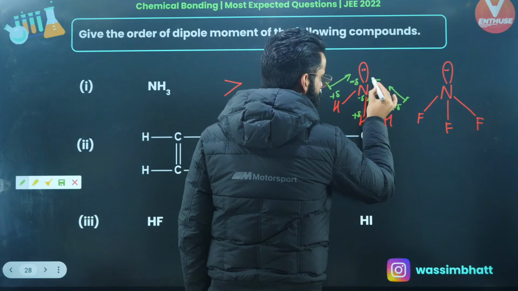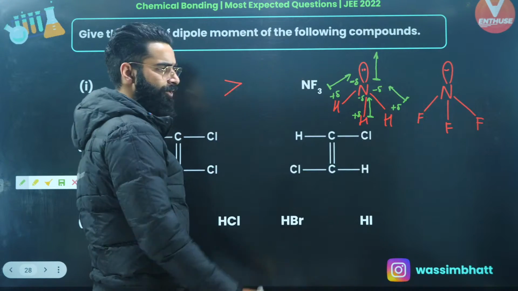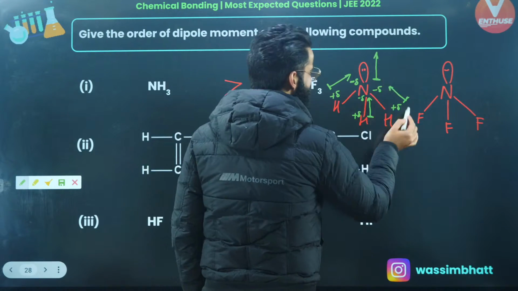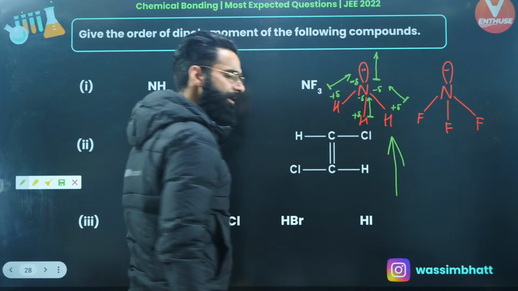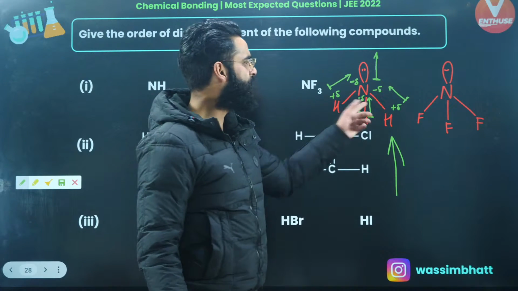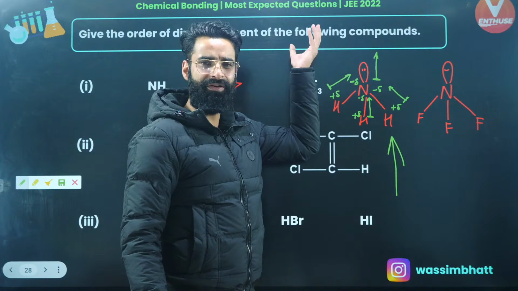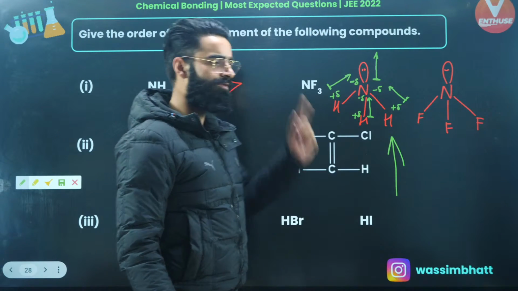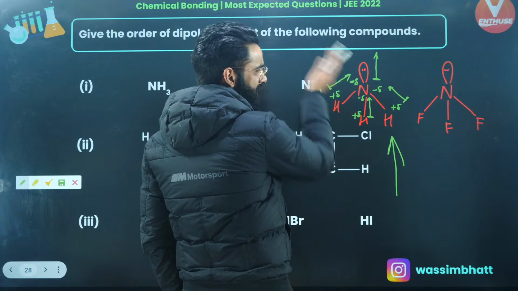And the lone pair also contributes towards the dipole moment. Due to the lone pair, the direction of dipole moment will be towards the lone pair. So all these dipole moments are pointing in a single direction. So the net dipole moment will be upwards only. These are basically the 4 vectors which are almost in the same direction, so all these dipole moments are adding up.